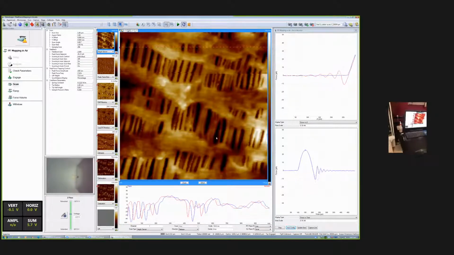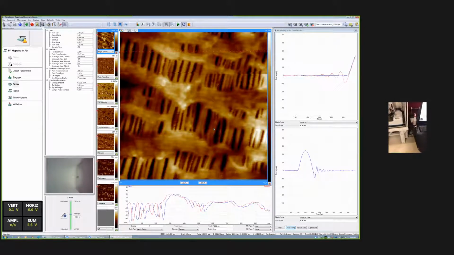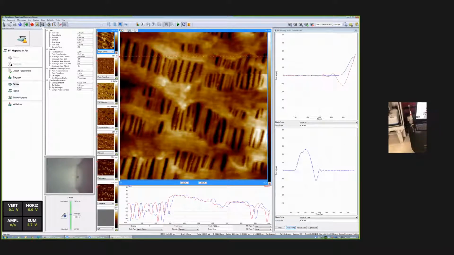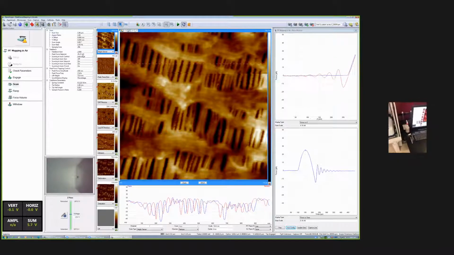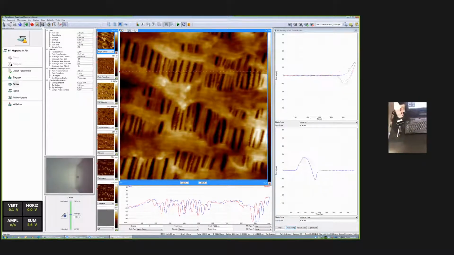And what we're seeing now, if you look at the screen, is basically that the tip is scanning back and forth. I mentioned before that most of these high resolution techniques scan the tip back and forth and collect images point by point. And what you see here in the image is that as it comes down, tick, tick, tick, you'll see that there is an image being generated. I don't know if you can see the cursor probably, but these images are composed of lines.